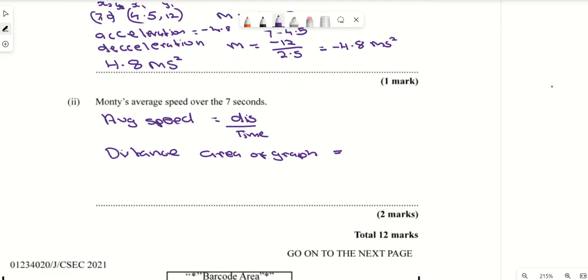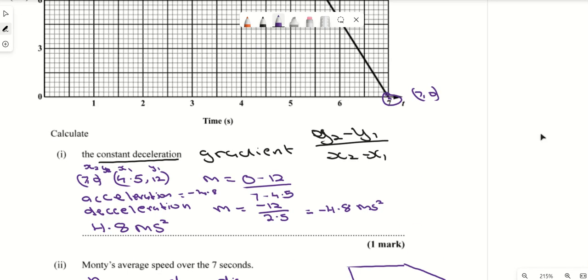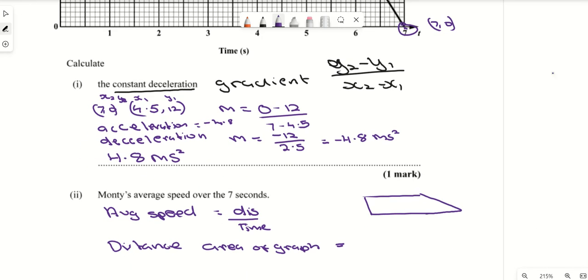If I want the area of my graph, it is a trapezium, and I'll show you guys this. My area for my trapezium is something that looks like this, right? The short part on top is A, the bottom part here is B, and this is height. So my area would be a half (A plus B) by H. Now let's fill this in.